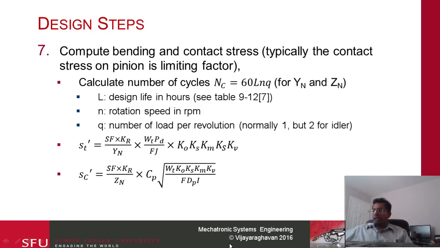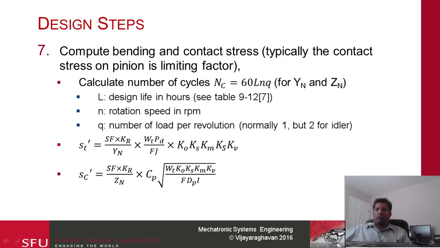It is in terms of the safety factor, which if you recall is typically less than 1.5, but we can use this value to be about 1 unless otherwise specified. Similarly, KR, we can use to be also 1 unless otherwise specified. And then the YN and ZN come from our table. So you can use this to calculate the ST prime and SC prime.